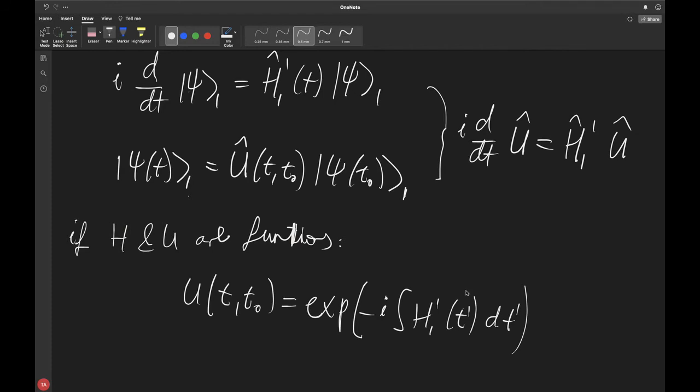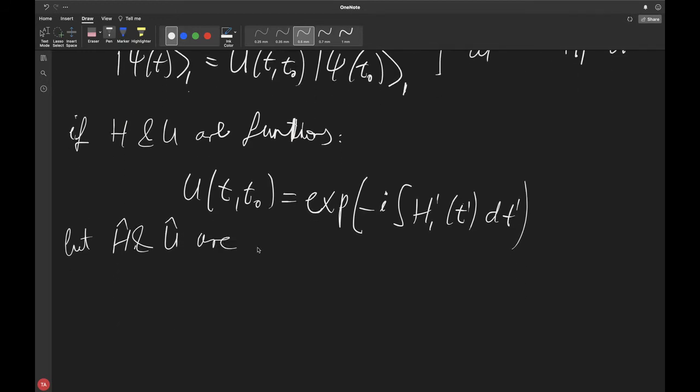But these are not functions, these are operators. So that leads to some issue that H hat and U are matrices. And with the matrices, that was kind of the whole point of quantum mechanics, that you cannot just commute matrices as you wish. The ordering could matter. And here we don't know what should be the ordering.